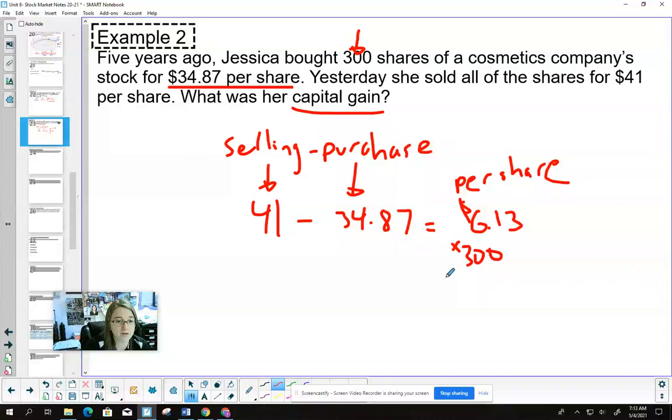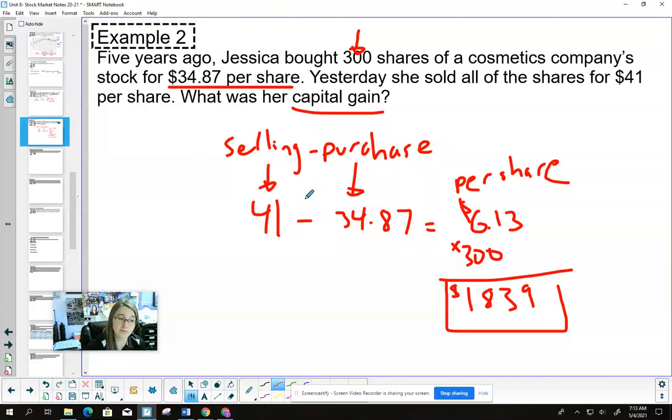Multiply by 300. So this is $1,839 total. You could have multiplied these each individually by 300 and then subtracted, but this is technically one less step because we only have to multiply by 300 once instead of multiplying both of these by 300.